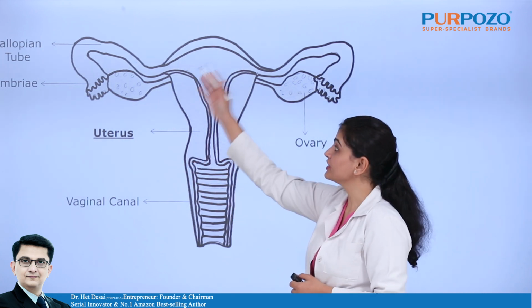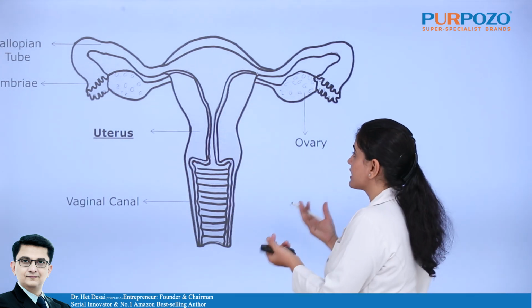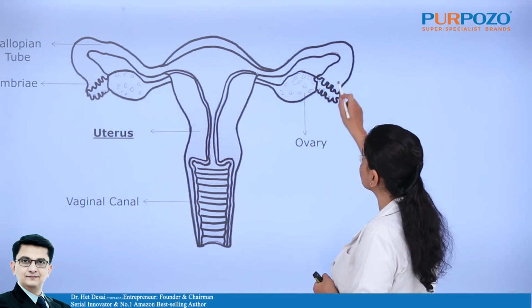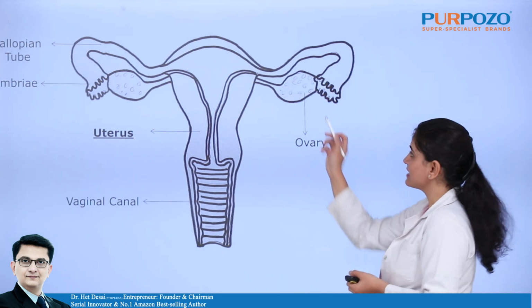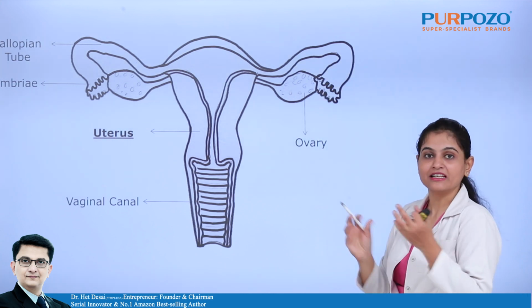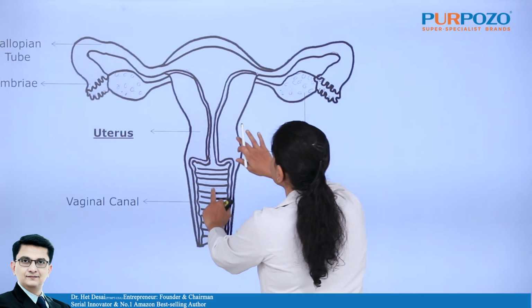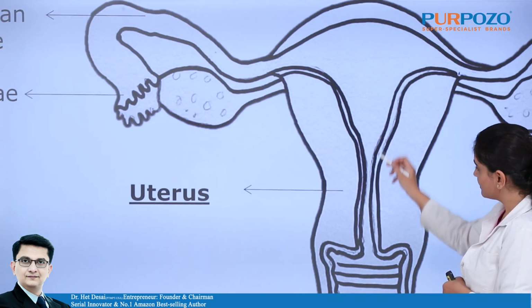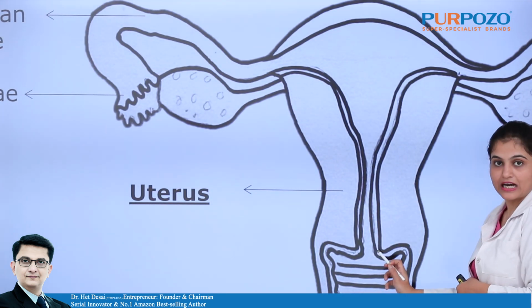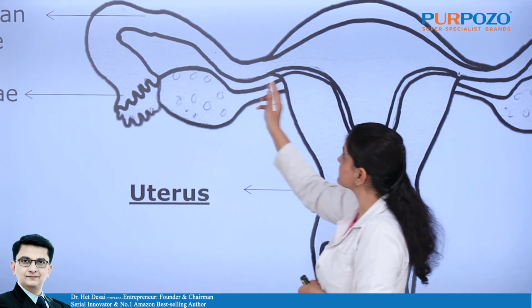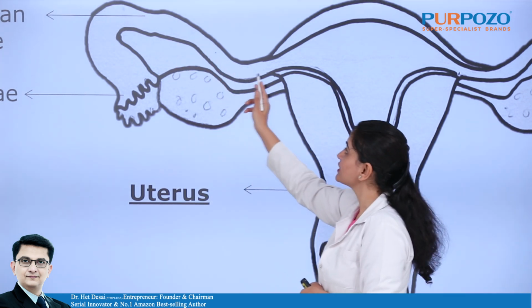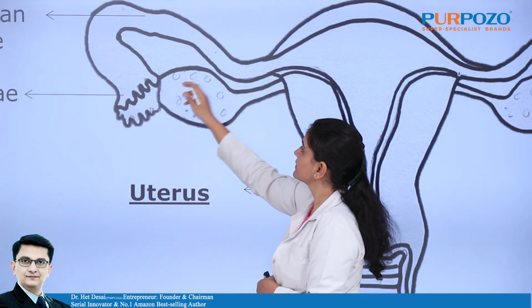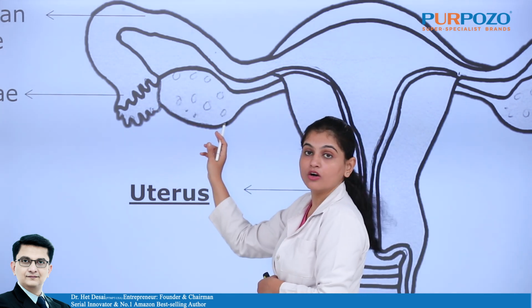You can see the uterus again in relation to other organs like the fallopian tubes and the ovaries, the female gonads. The uterus is connected with the cervix and the vagina down below, and here it is connected with the fallopian tubes, which are further connected with the ovaries.